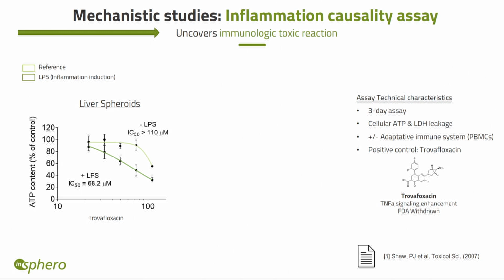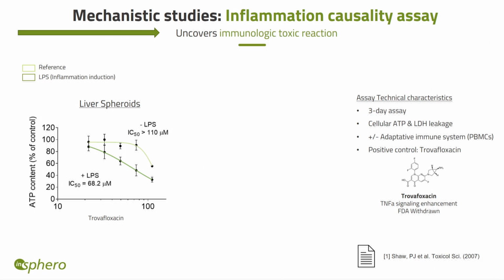Trovafloxacin alone, you can see in this bright green dose response curve, doesn't have a high toxicity. However, if you do a co-treatment of trovafloxacin together with lipopolysaccharides, LPS, which is an inflammatory induction agent, we see an increased cytotoxicity in this model. Therefore, we were able to recapitulate the in vivo data, showing the synergistic interplay between trovafloxacin and inflammation in our in vitro system.